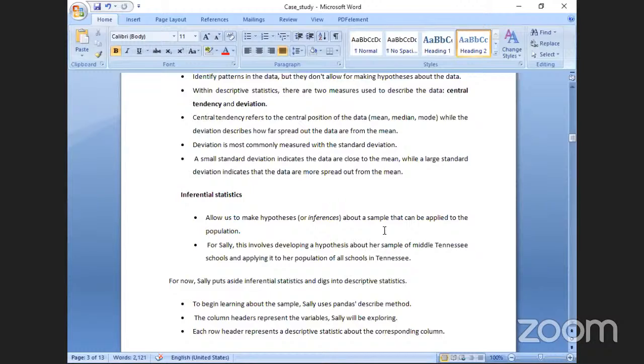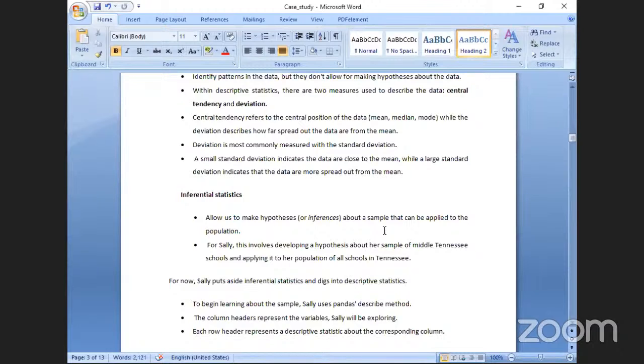Because this is not the complete data, only 348 records. With those 348 records, it's not representing the entire region. Of course, it's a sample. So with this inference, she can conclude for the entire population of all the schools existing in that region. That's how she can think of applying this.